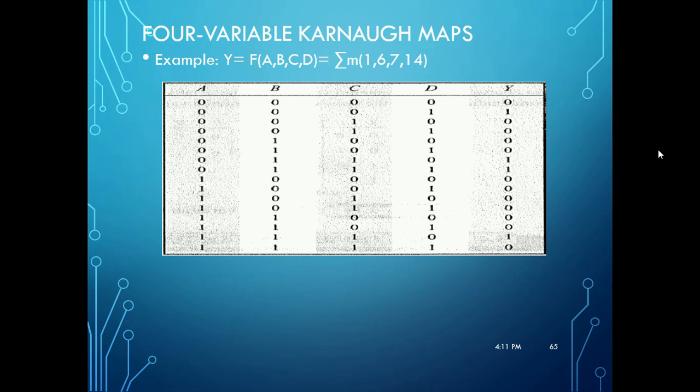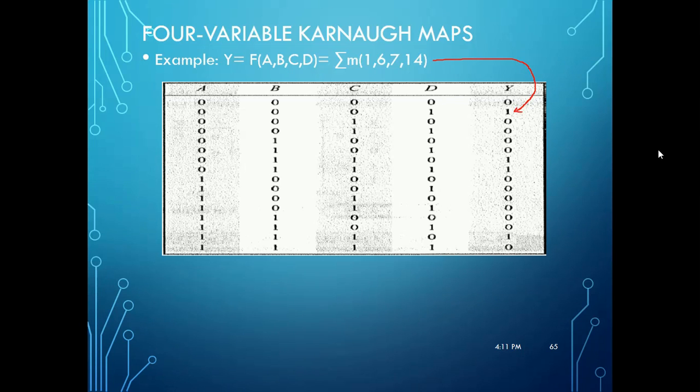So A, B, C and D are the four different variables you can see in this table, and the values for these A, B, C, D are given in the table. So you have 16 different positions here, and y is the min term positions already given in your problem, so you have to write these in the table.